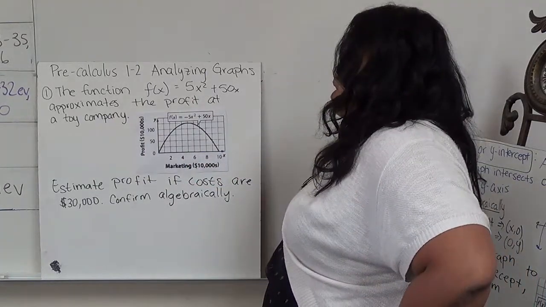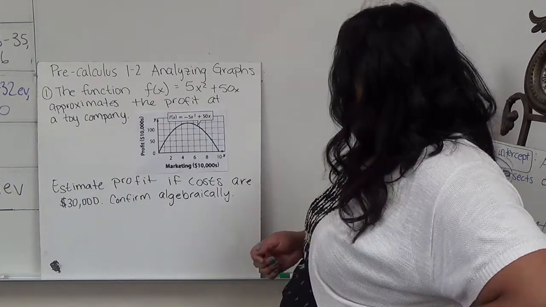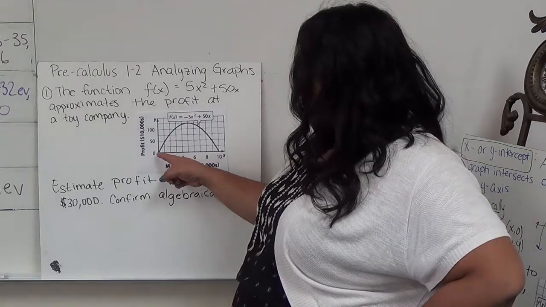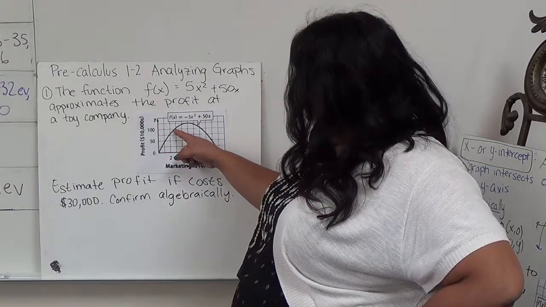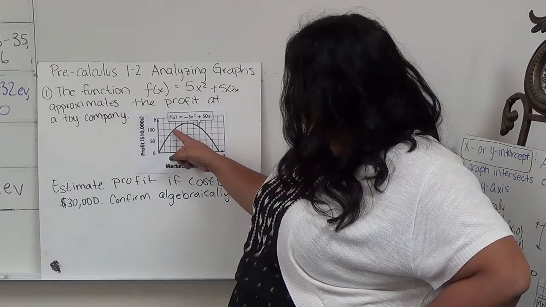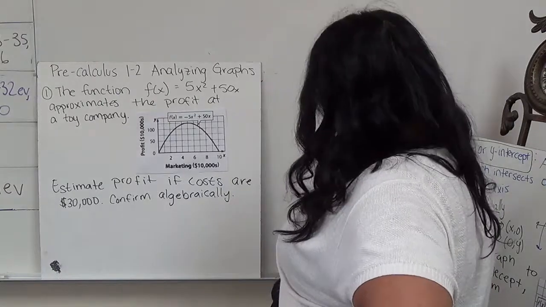So it says estimate the profit if the costs are 30,000. Confirm algebraically. So if this is 30,000 right here, then it should be a profit of 100 times 10,000.